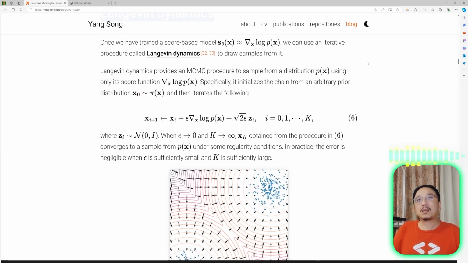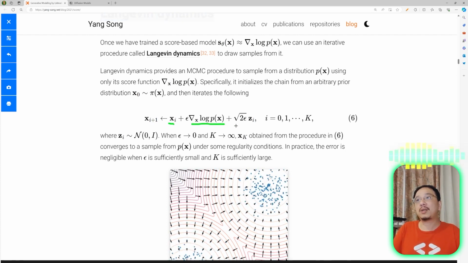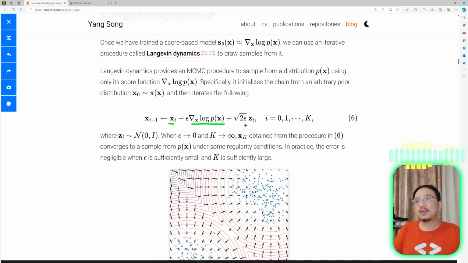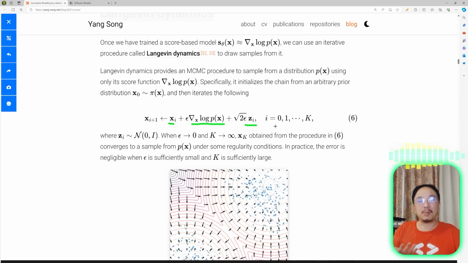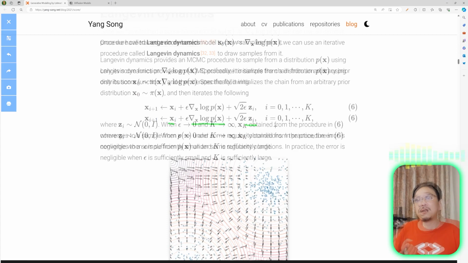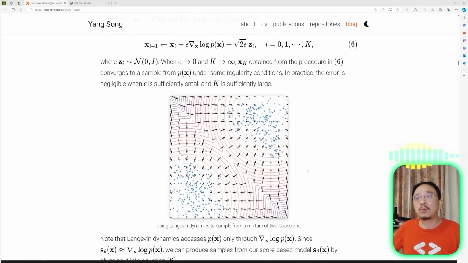If you look at this term and this term, it looks like a gradient ascent method. Only that we have a z_i here, which is a random term. So you can consider it as a randomized gradient ascent method. Here is the illustration of the procedure of the dynamics.